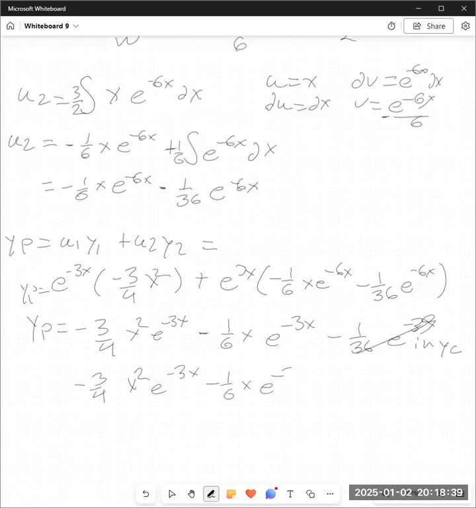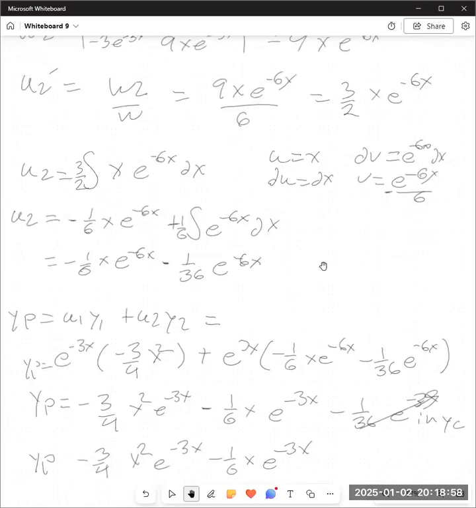This, let me just check on this. I have the wrong fraction there. Let me see what I did wrong up here.